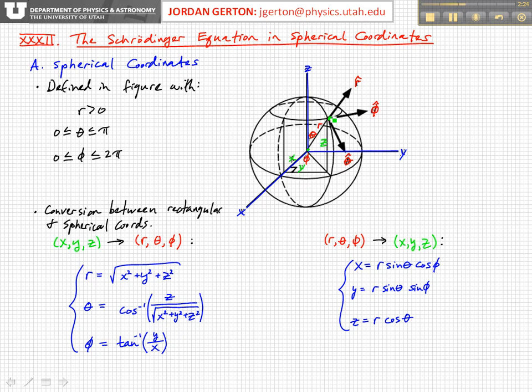And with this we can then define three unit vectors in this coordinate system. We can define the r hat unit vector, which again is basically just pointing along the line from the origin to the point. Okay, and it's always pointing outward, from origin to point.